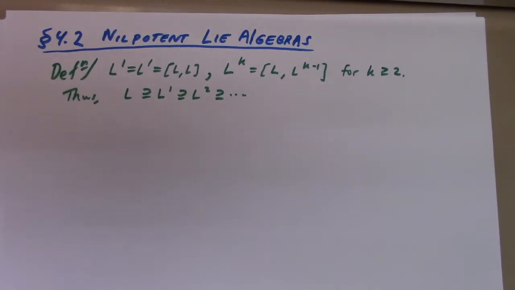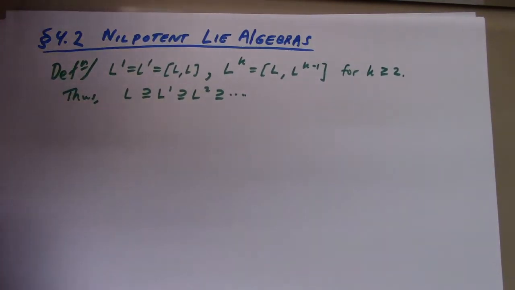Now, as the product of ideals is an ideal, Lk is even an ideal of L. It's not just an ideal of L_{k-1}. The reason for the name central series comes from the fact that the quotient of Lk by L_{k+1} is contained in the center.